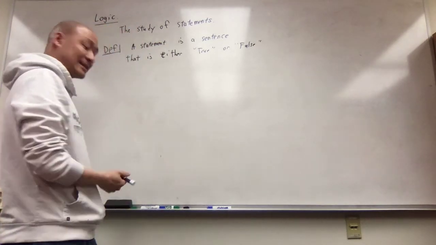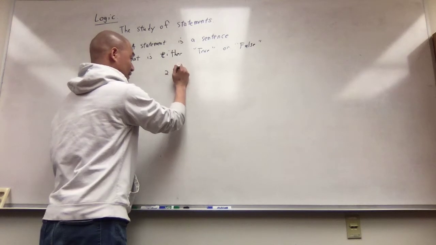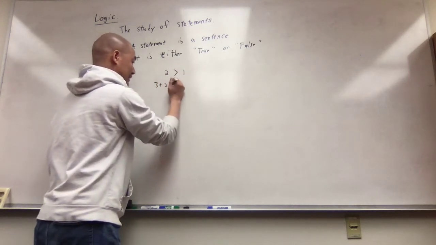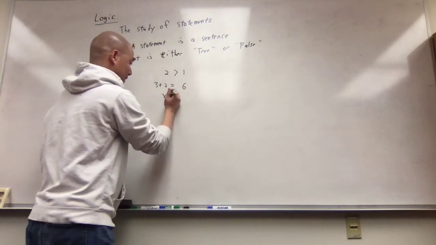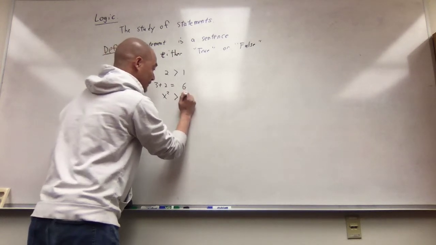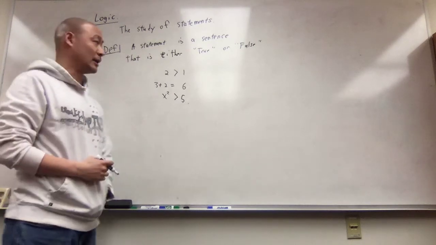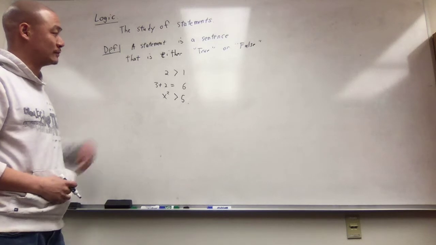And so some examples of statements would be something like 2 is greater than 1, 3 plus 2 is equal to 6, and x squared is bigger than 5. So here are some examples of statements that use numbers that we might be used to.